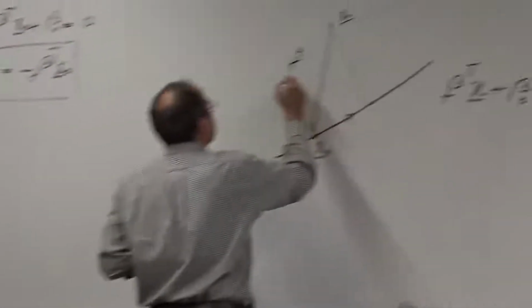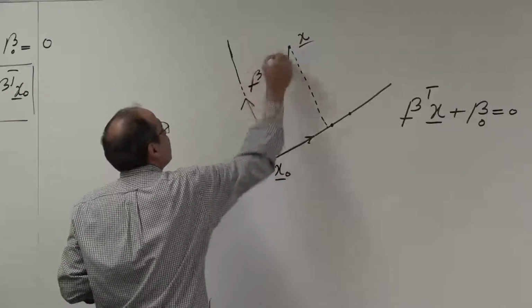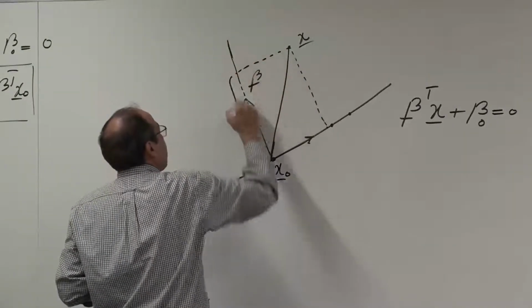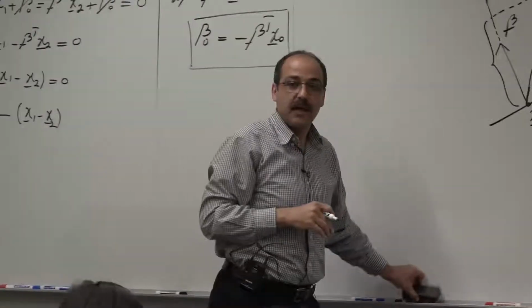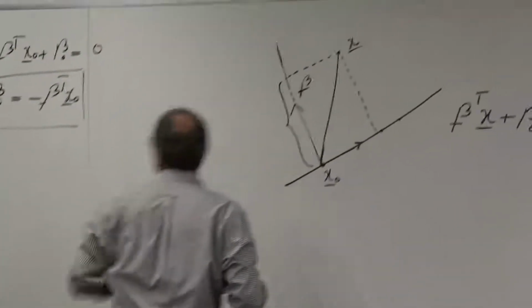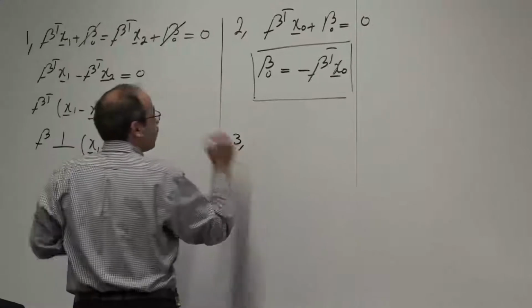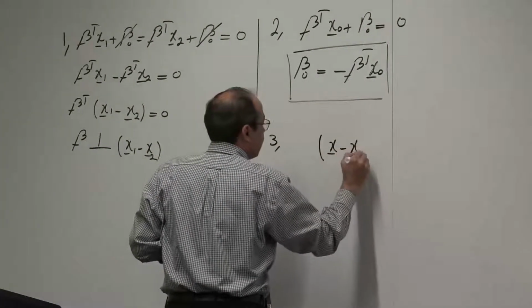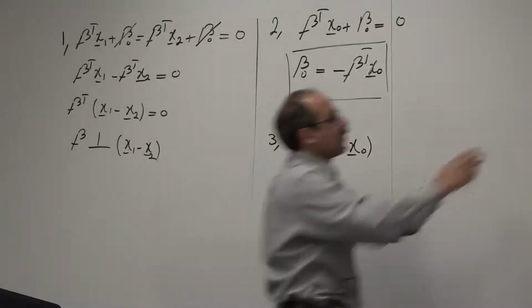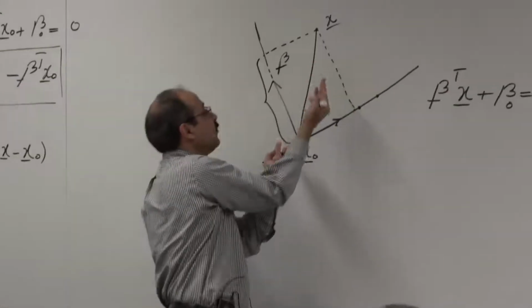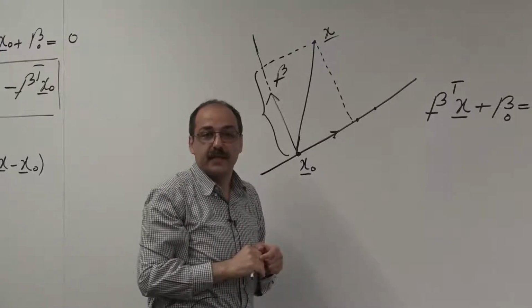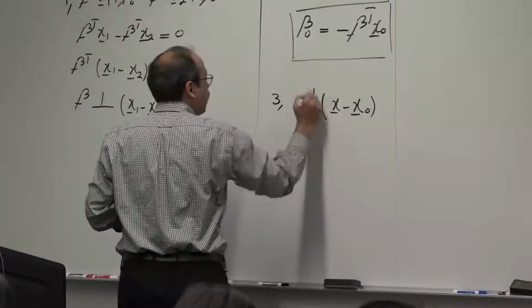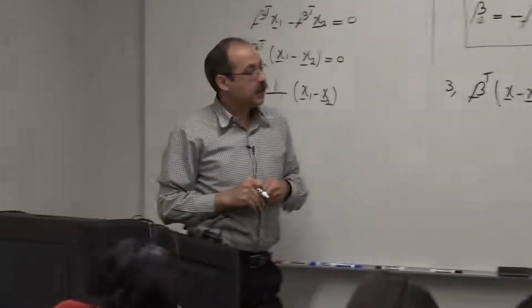But to have the distance, I have to project it in this direction. So to find this distance, I can simply compute x minus x null and then project it in the direction of beta. Projecting in the direction of beta means computing beta transpose times (x minus x null).